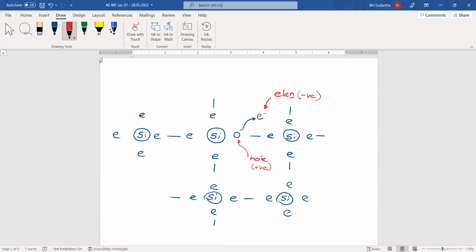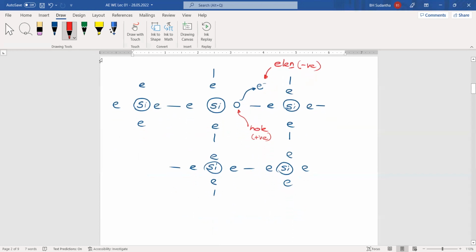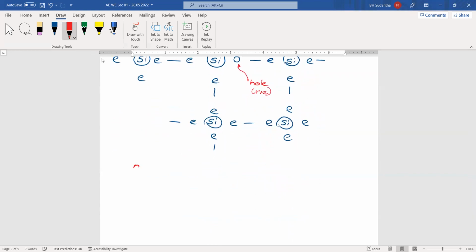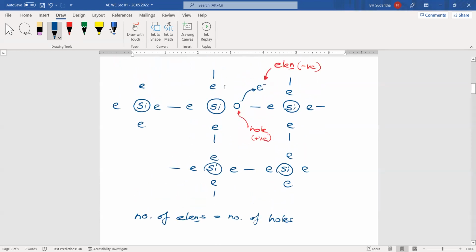At the same time, you can see the number of electrons is equal to the number of holes. In such a situation, electrons can move throughout this lattice, which means we can send electricity through this structure.